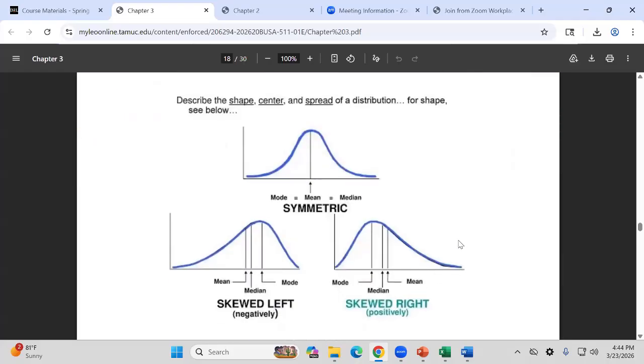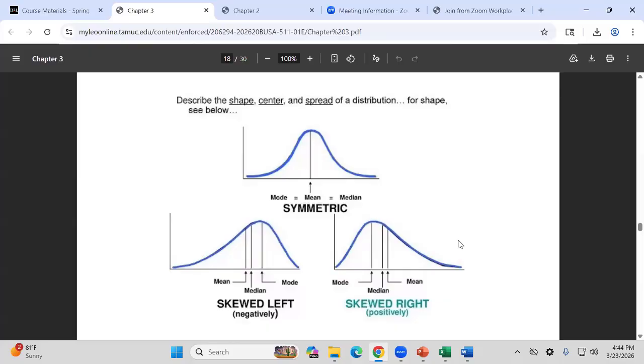Most likely, in practice, once you visualize the data set with centrality and dispersion, you will draw a bell shape like this one. On the top, mode, mean, median are all equal. For this type of data set, we call them normal distribution.